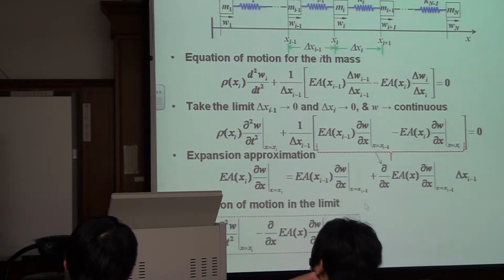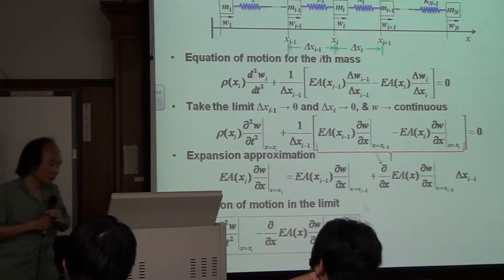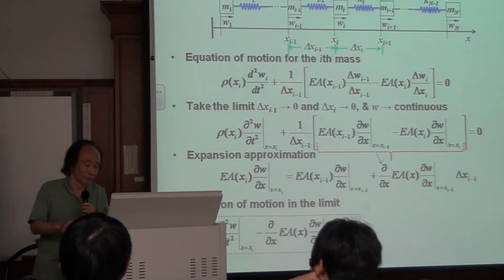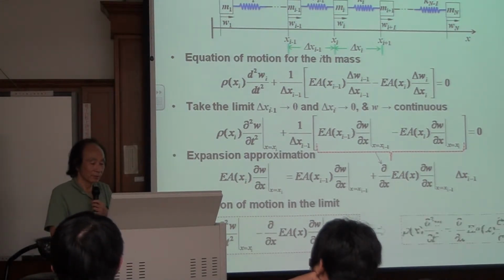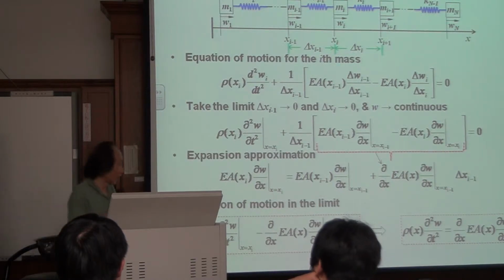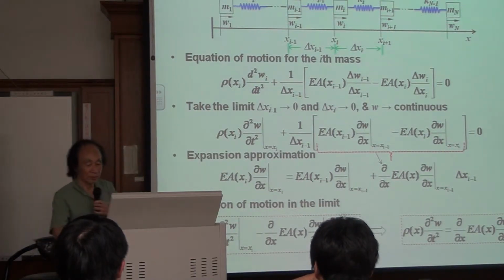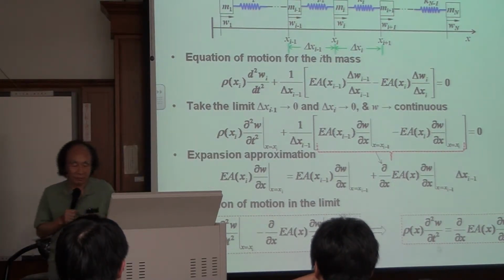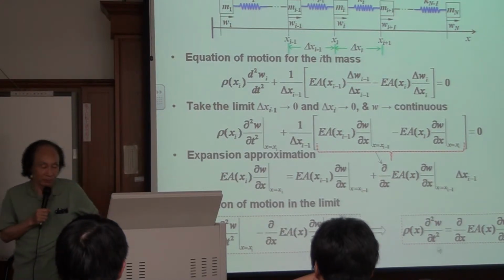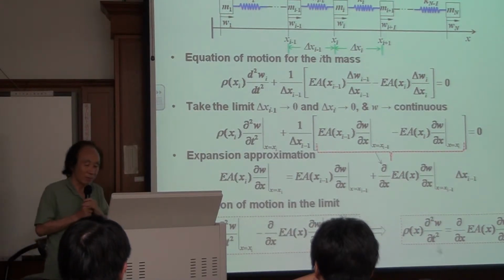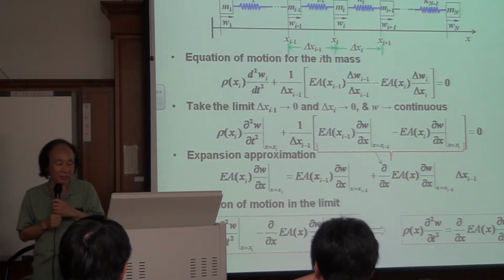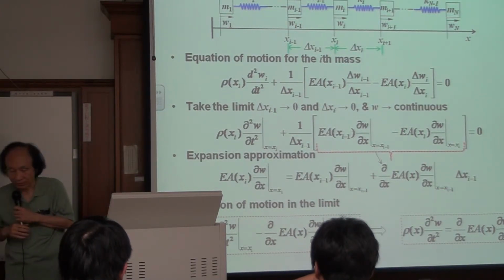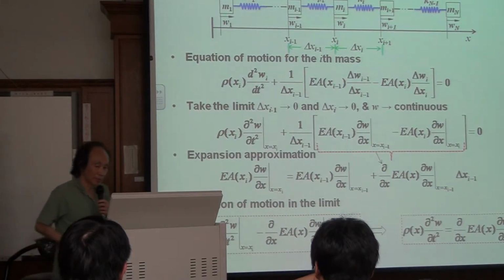That's impossible physically. So if you look at this, that's the final equation here: rho partial squared w divided by partial t squared equals partial x of EA partial w partial x.